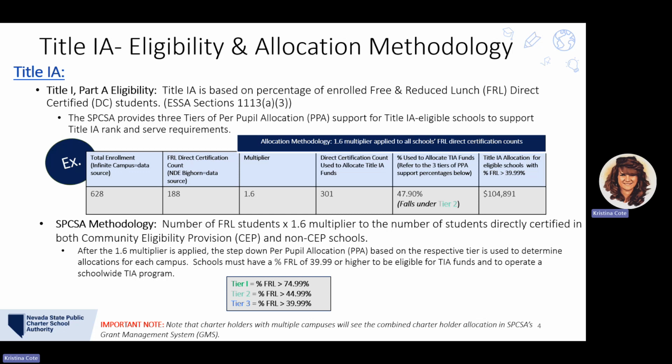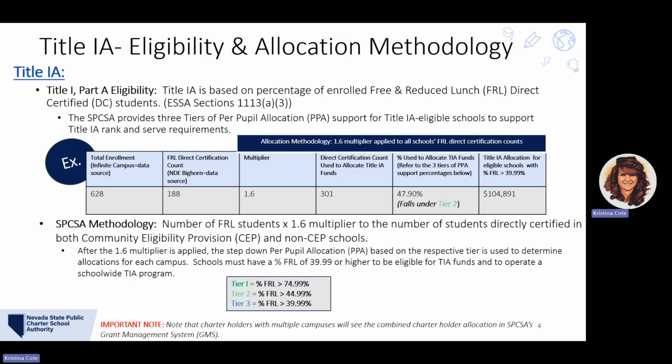And the third tier is the percentage of free and reduced lunch students that is less than 44.99%, but more than 39.99%. SPCSA schools must have a percentage of free and reduced lunch of 39.99% or higher to be eligible for Title I-A funds and to operate a school-wide Title I-A program.